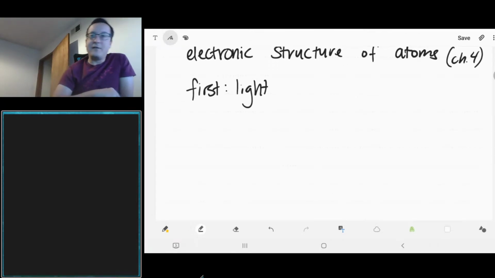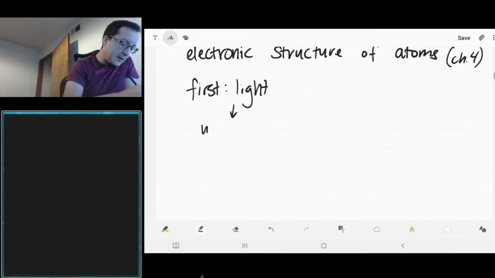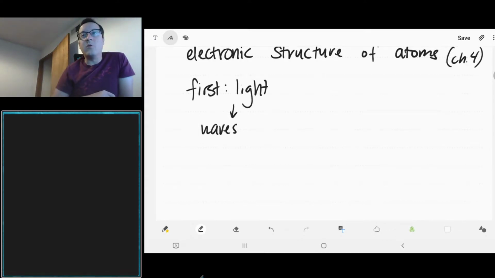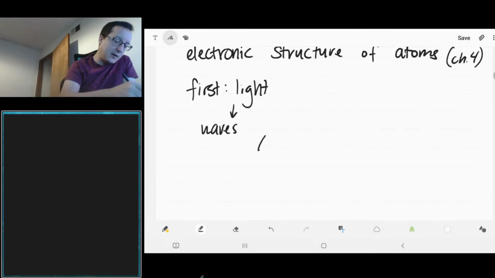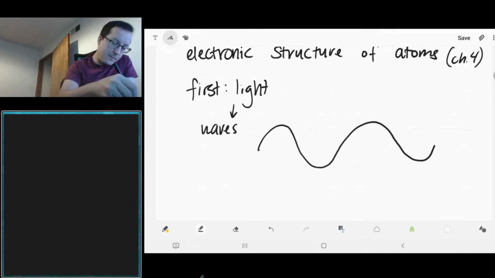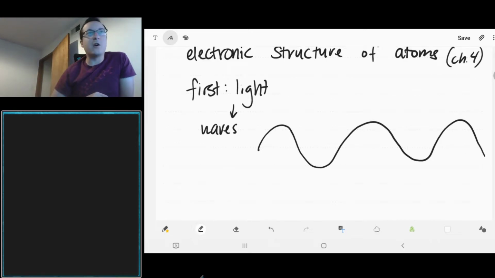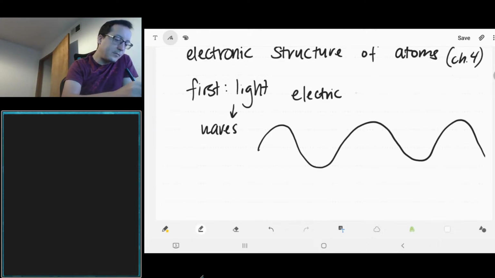So, first thing we want to know is that light occurs as waves. So light will look like a wave. It's technically got two parts. It's got an electric component and a magnetic component.